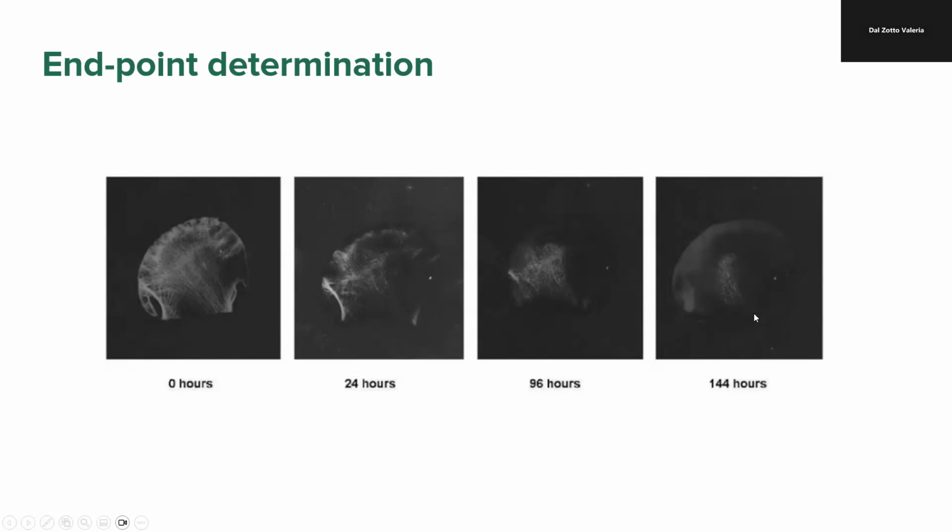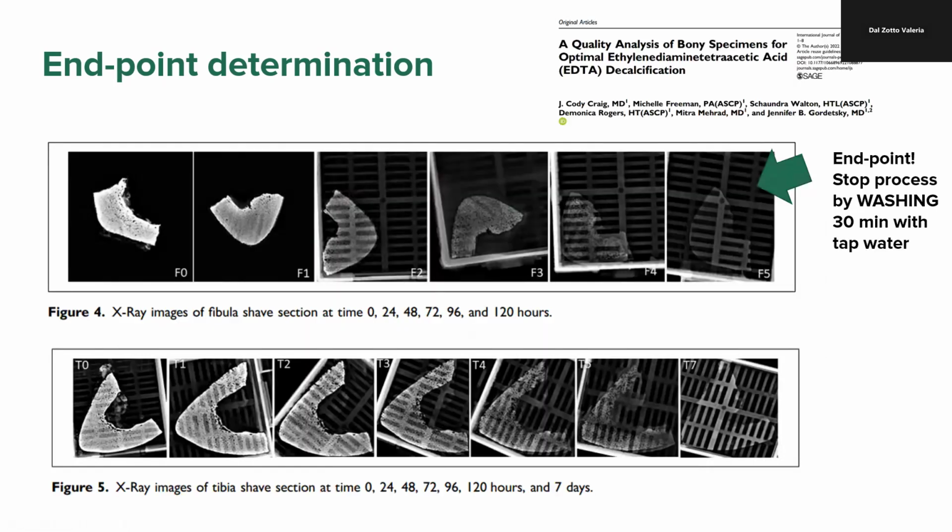But this is a big piece of bone. Also, there are articles that talk about the different decalcifiers, but this is only to show you the way that we determine it: when you don't see any more white stuff in the bone, it means that it's completely decalcified.